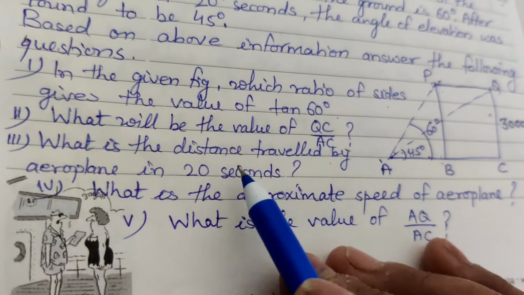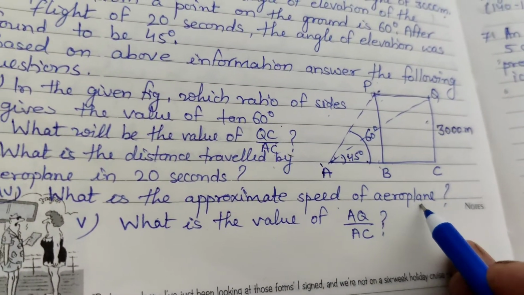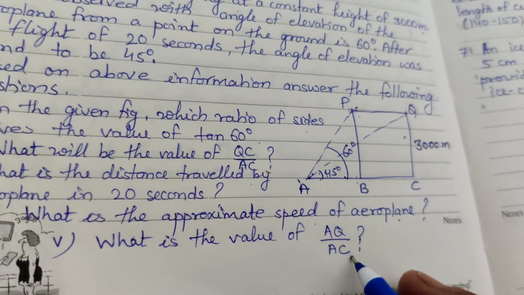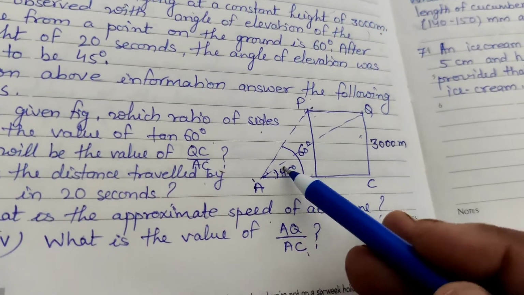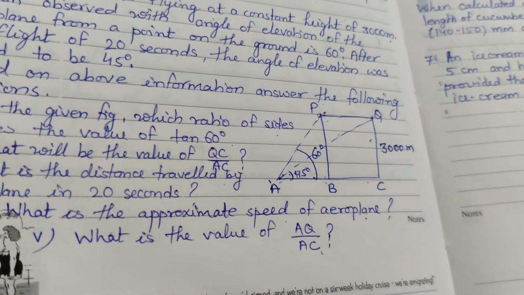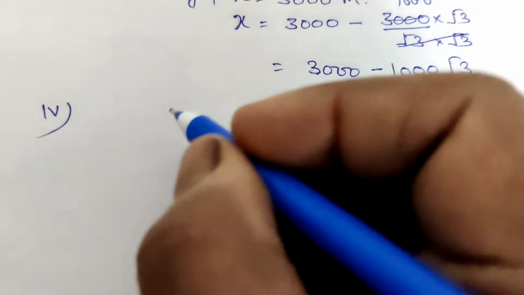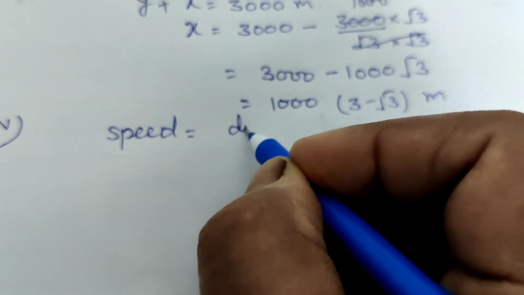Question number 4. What is the distance traveled? What is the approximate speed of the aeroplane? And what is the value of AQ upon AC? AQ upon AC is hypotenuse by base. Speed equals distance upon time.